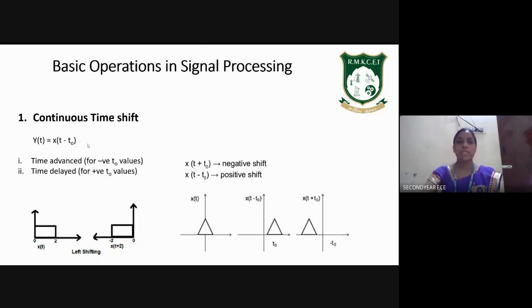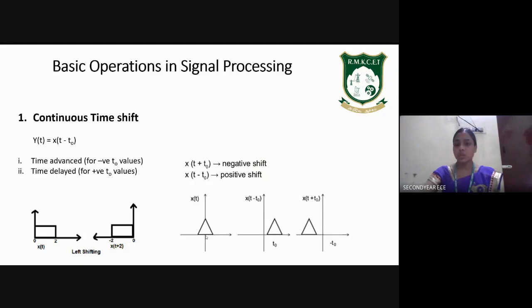So the first operation, theoretically I have explained, application-wise I have explained, what is time shift. That means at time t equal to 0, for example, you see here, the signal has maximum amplitude. If we shift to either the right side or left side of the y-axis, we will get this one.